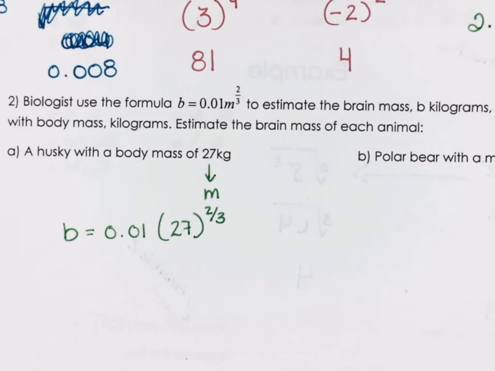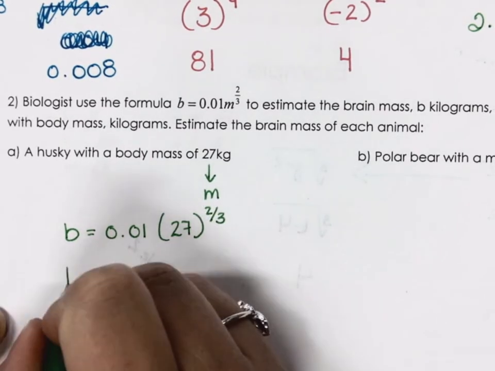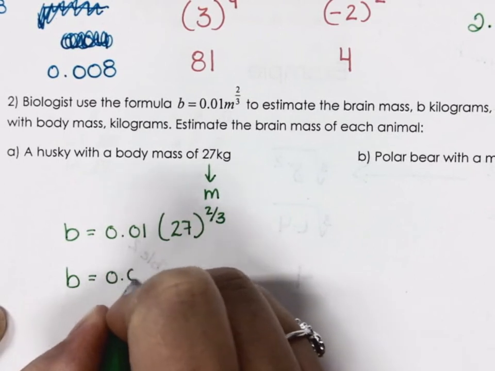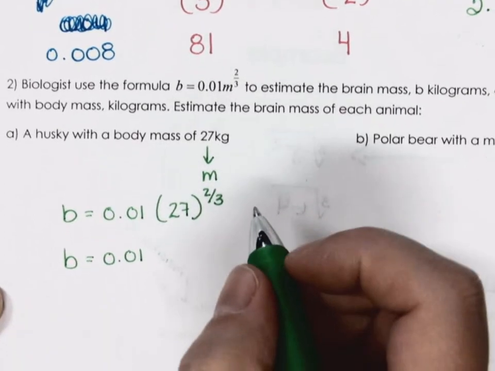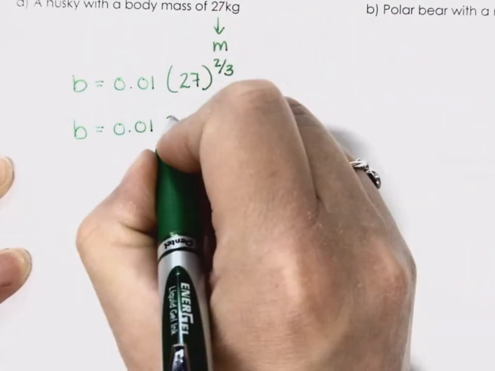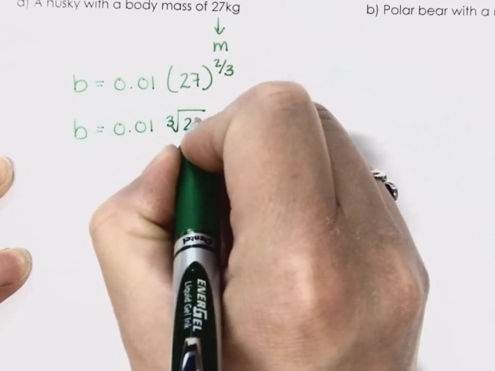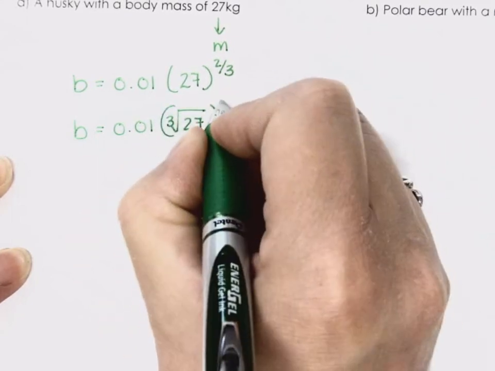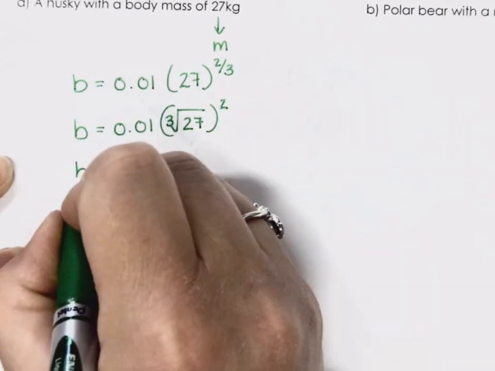Okay, let's dig into order of operations. What do we do first? Exponents. So we've got to deal with that exponent first. So B equals 0.01, and I'm going to change that into a radical: the cube root of 27, squared.